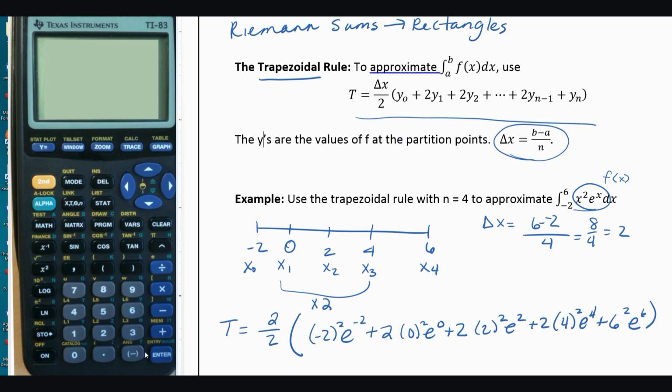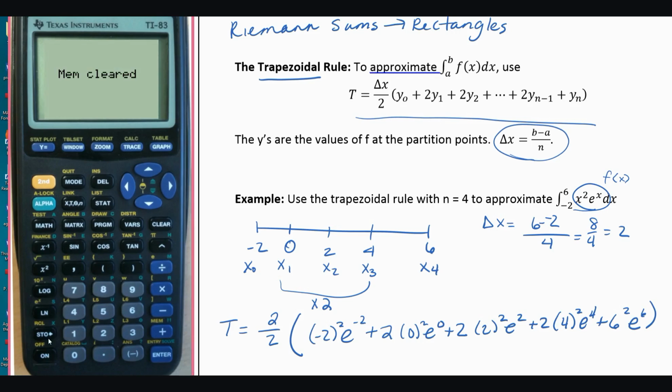Okay, so we can plug that into our calculator. Now 2 over 2 is just 1. So we can do negative 2 squared e to the negative 2, plus 2 times 0 squared. This is just going to give us 0.